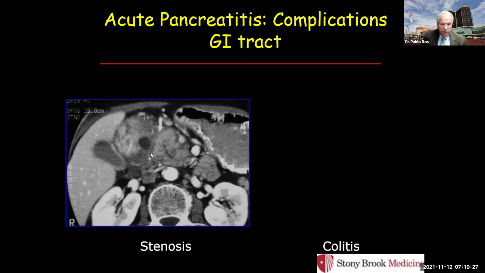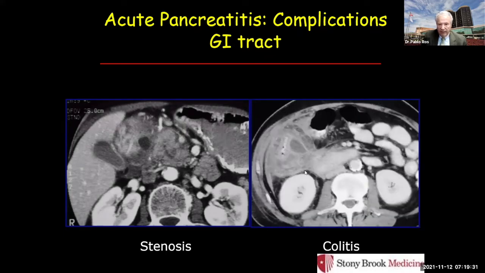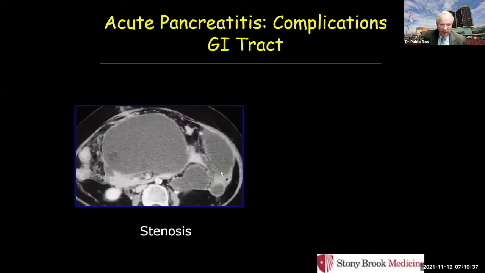Stenosis of the duodenum can be like we see here, or colitis surrounding the ascending colon by the pancreatitis that is involving the head of the pancreas. Stenosis, as you can see here, of the colon. There is an old finding in KUBs called the colon cutoff sign, where you can see dilatation of the transverse colon and then basically no air after the splenic flexure.